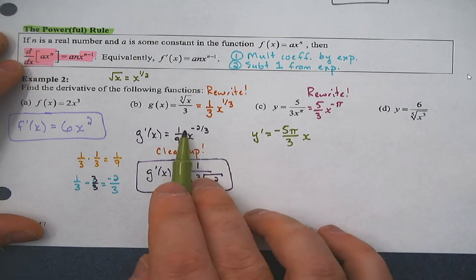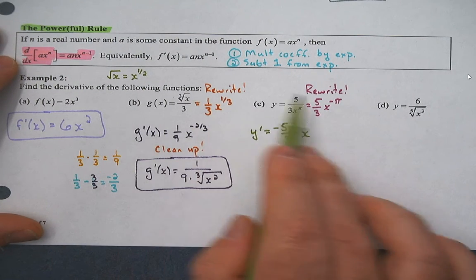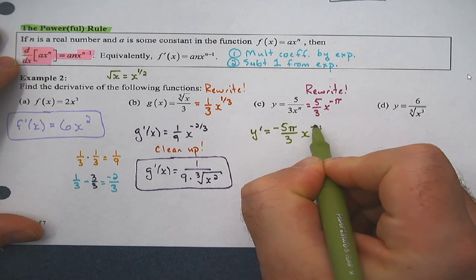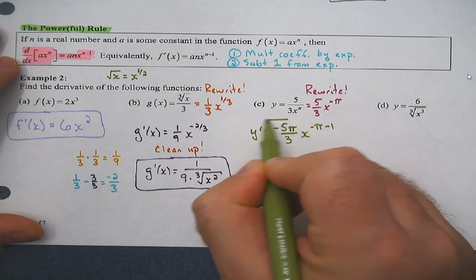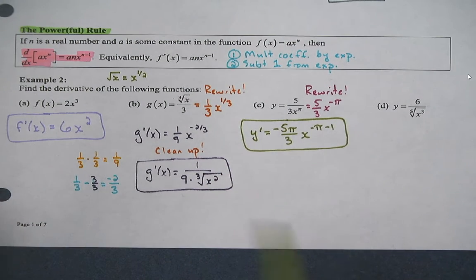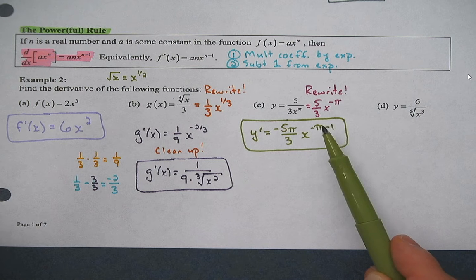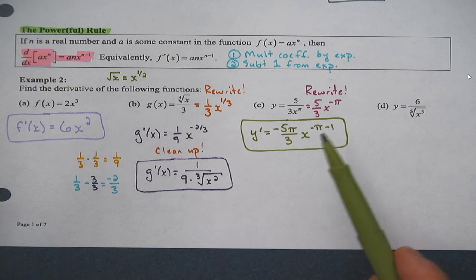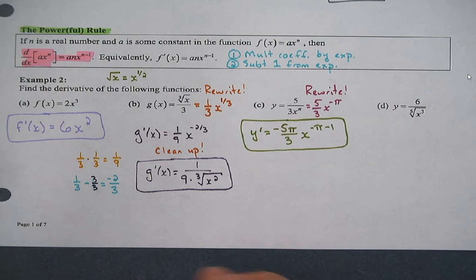Now on these other ones, when I subtract 1, I get a nice number. In this case, I wouldn't get a nice number, so I'm just going to leave this as negative pi subtract 1. There really isn't much that I could do to make this look nicer. I could bump this to the bottom and get rid of both those negatives, but it still would be pi plus 1. It wouldn't be very nice.